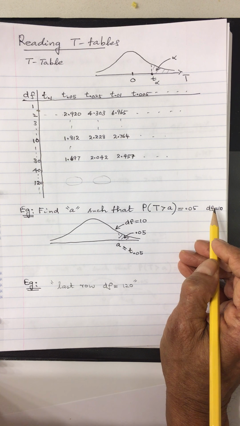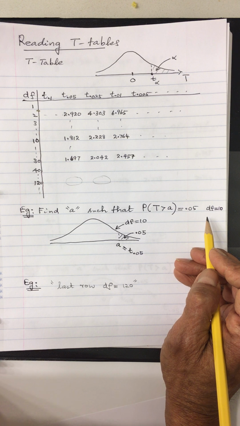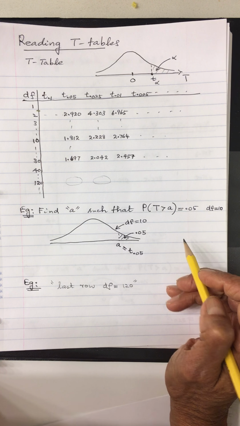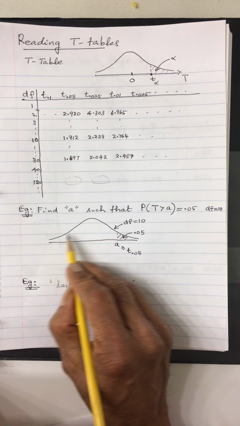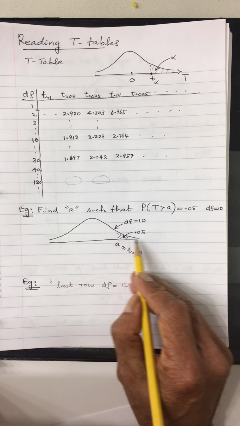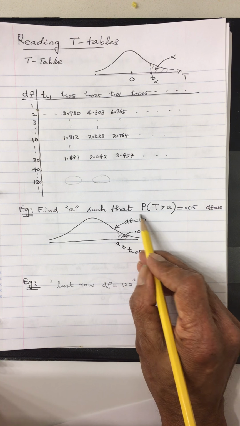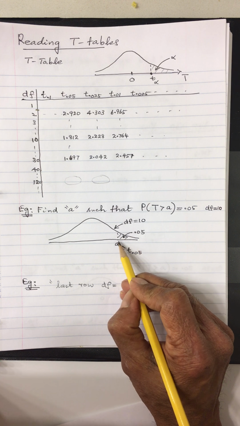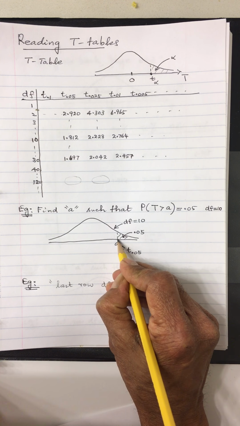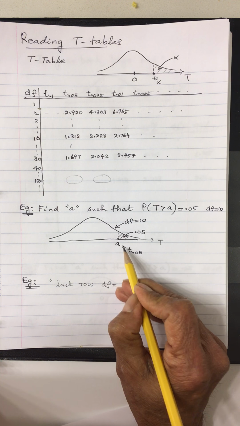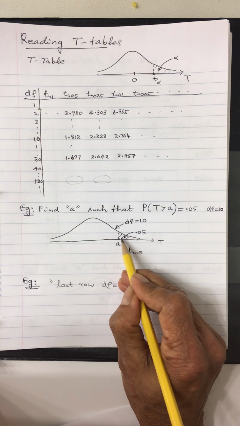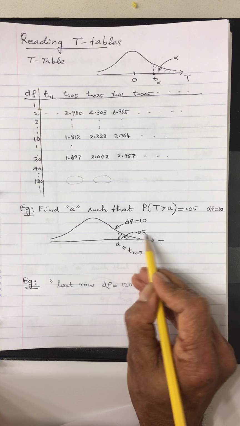Later, this degrees of freedom is going to go with sample size 11, that is 11 minus 1. So here is the T distribution with degrees of freedom 10. We want to find the value right here on the T curve, leaving area to the right of 0.05.